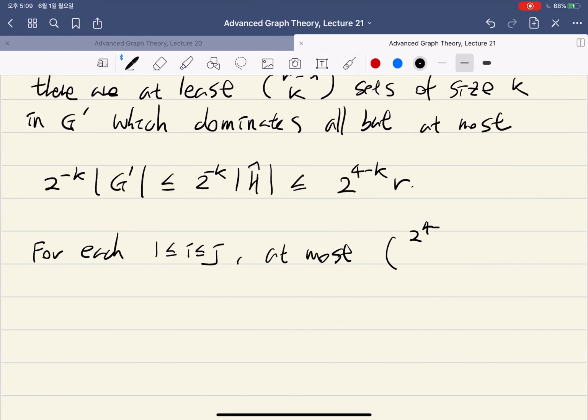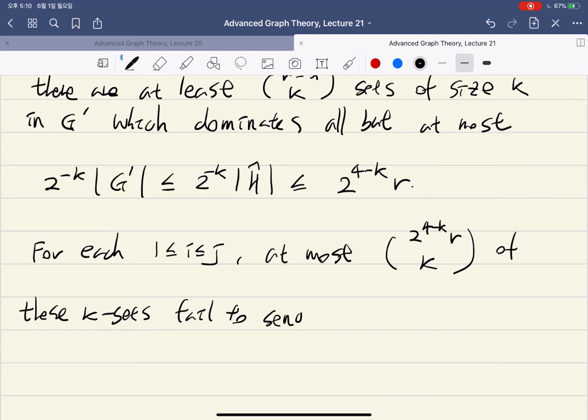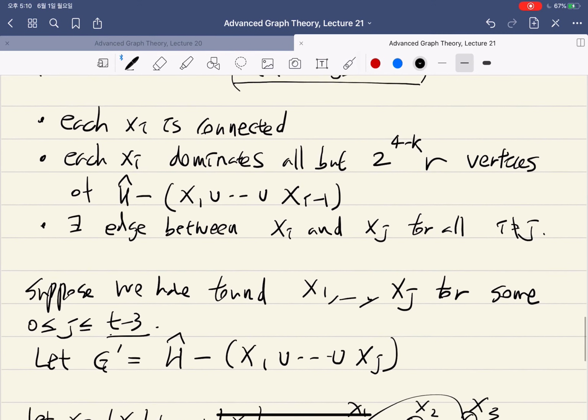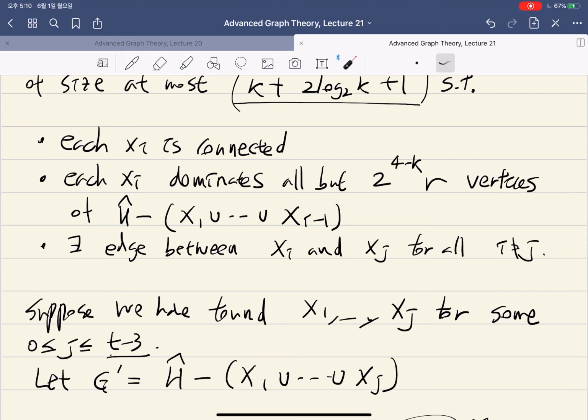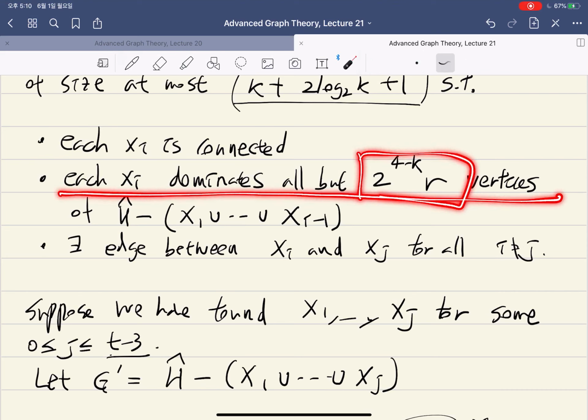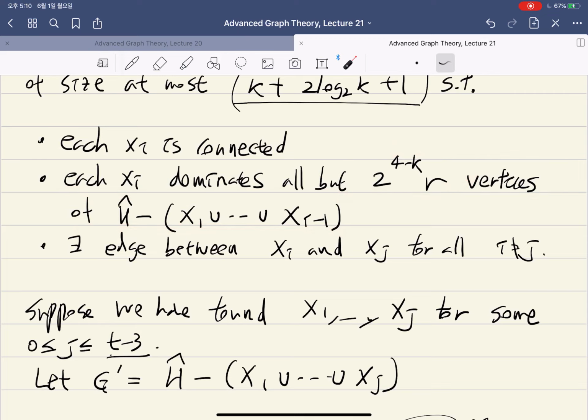So by induction hypothesis, for each i, at most this many of these k sets fail to send any edges to xi, because this xi dominates all but this many vertices of here.